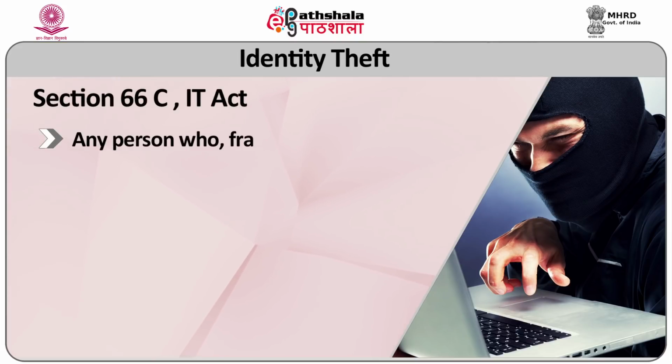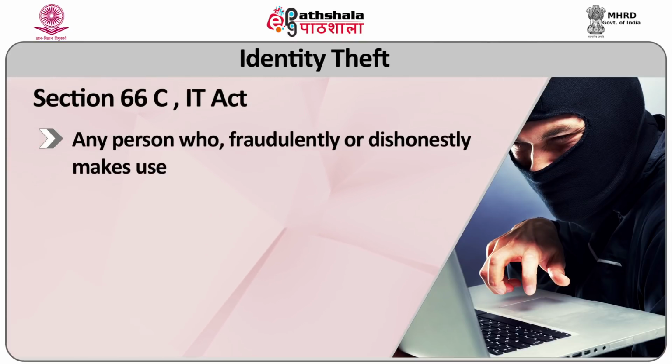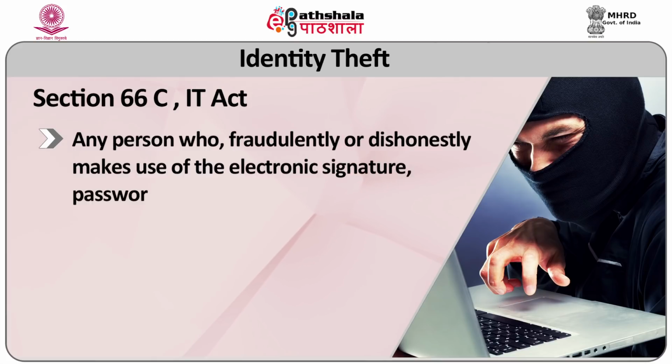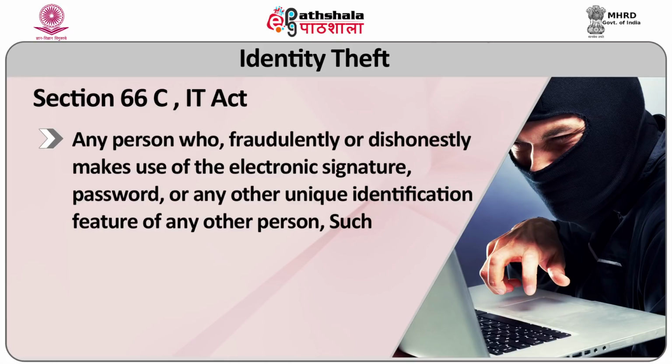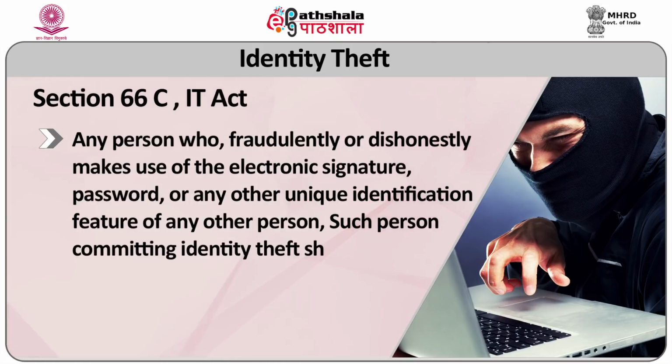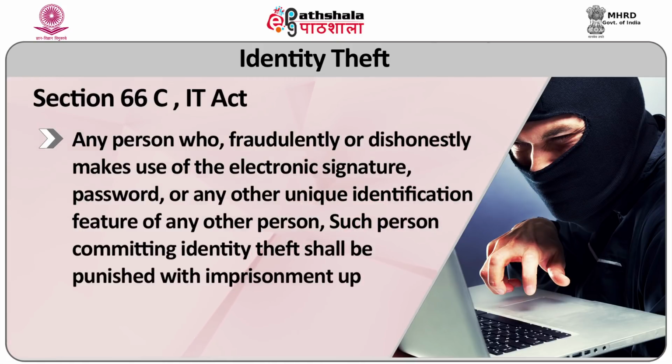Section 66C, punishment for identity theft. This section deals with any person who fraudulently or dishonestly makes use of the electronic signature, password or any other unique identification feature of any other person. Such person committing identity theft shall be punished with imprisonment up to 3 years. The next section that we deal with is section 66D.